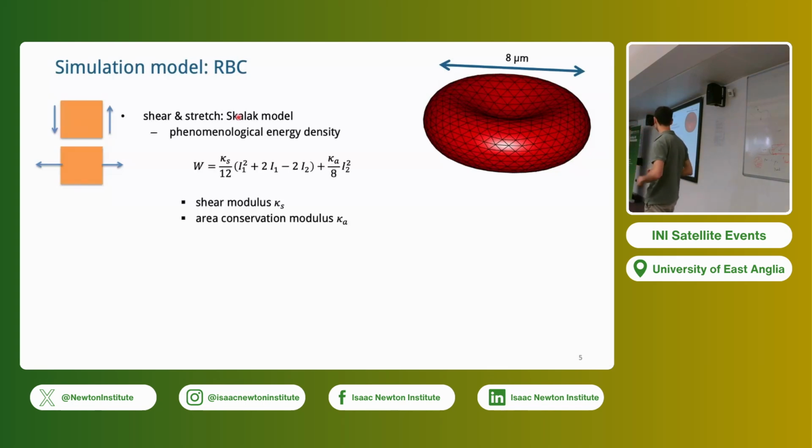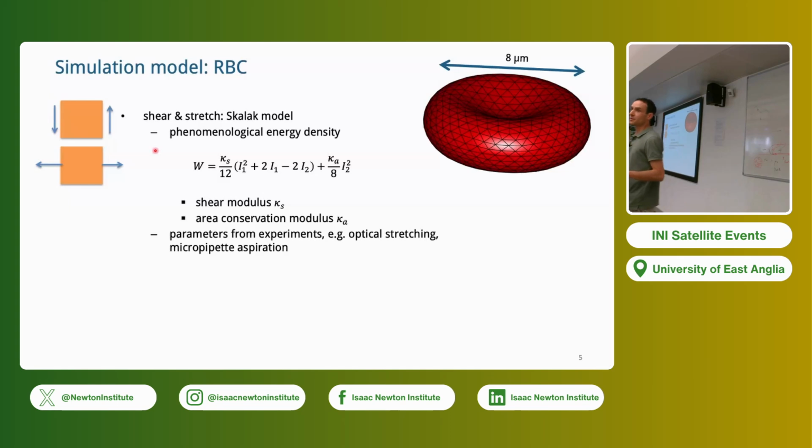So, phenomenological energy. This is what it looks like. These I's here are the invariants of the deformation tensor, and this W is the energy density. It has 2 moduli, so it has 2 phenomenological parameters. One is the shear modulus, kappa S, and the other is an area dilation modulus, kappa A.